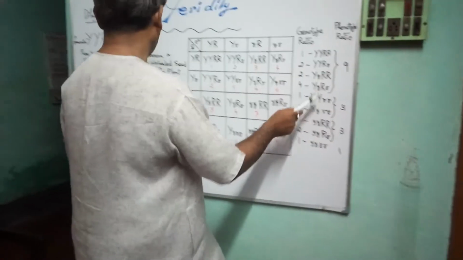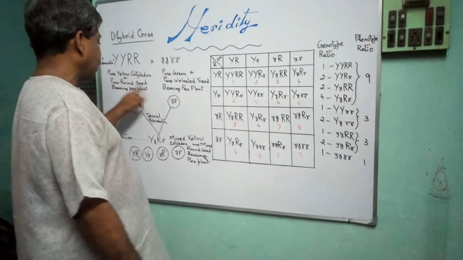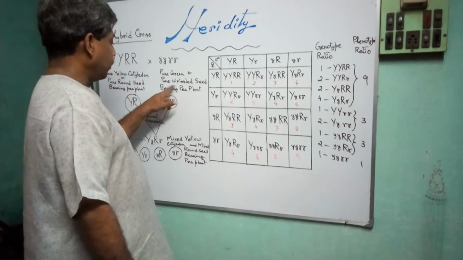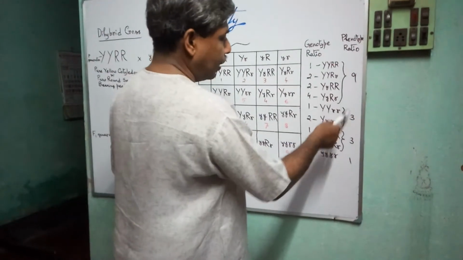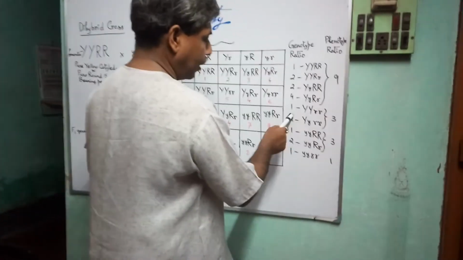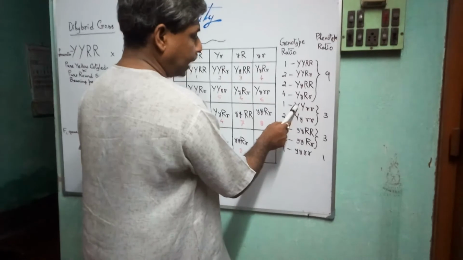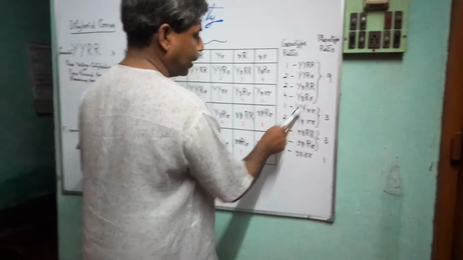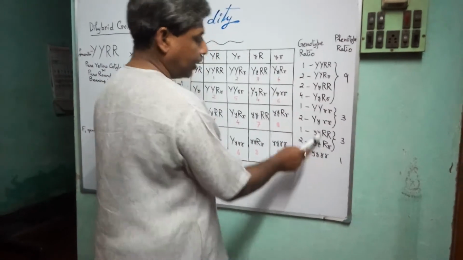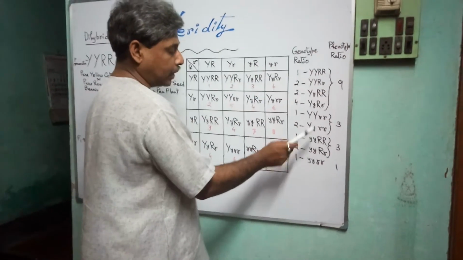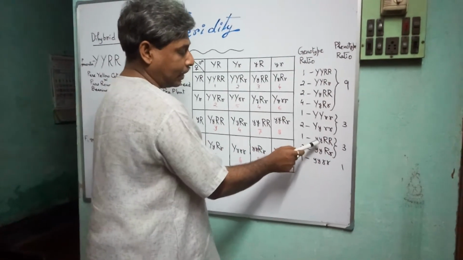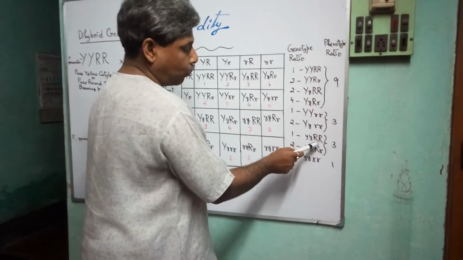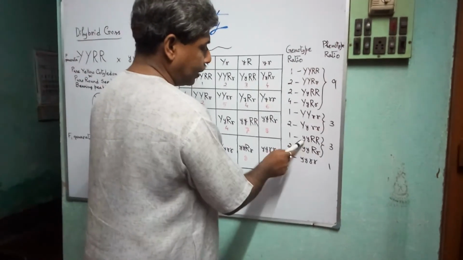Similarly, if we consider yellow cotyledon and wrinkled seed bearing pea plants, that will be 3 if we add these 2, because at least one capital Y and a small r are present in these 2. Similarly, in the next 2 cases, at least one small y and one capital R are present.